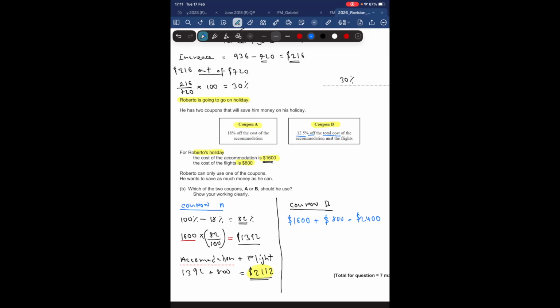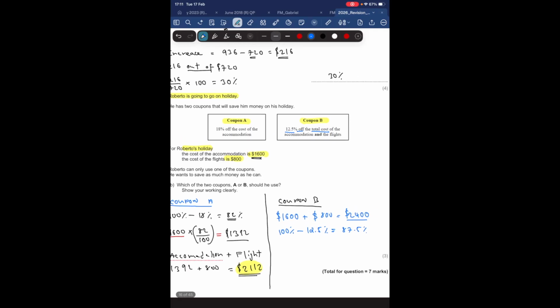Now I need to take 12.5% off this value. So the original value is 100%. I'm going to subtract the 12.5% from that, and if I do that, I end up with 87.5%.